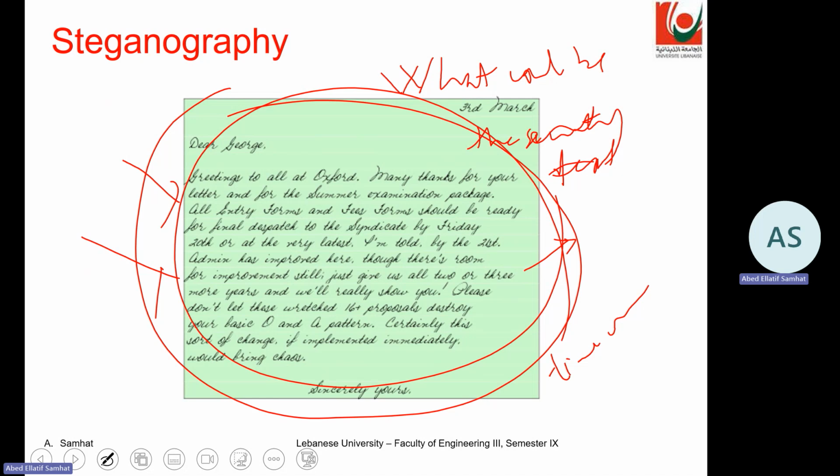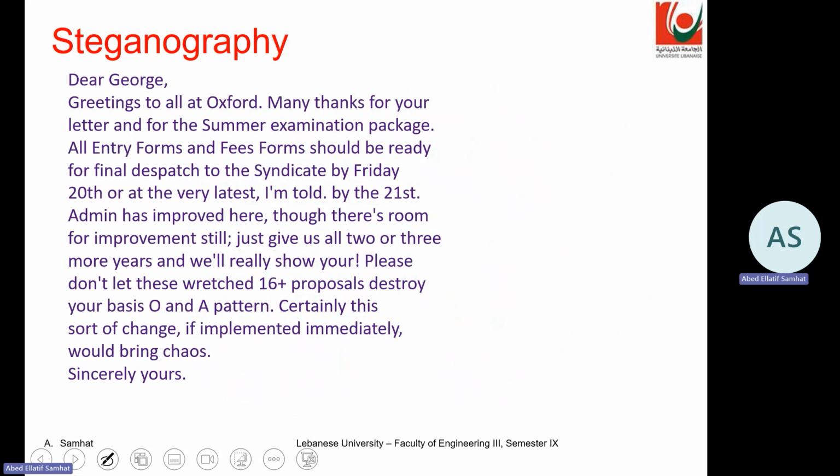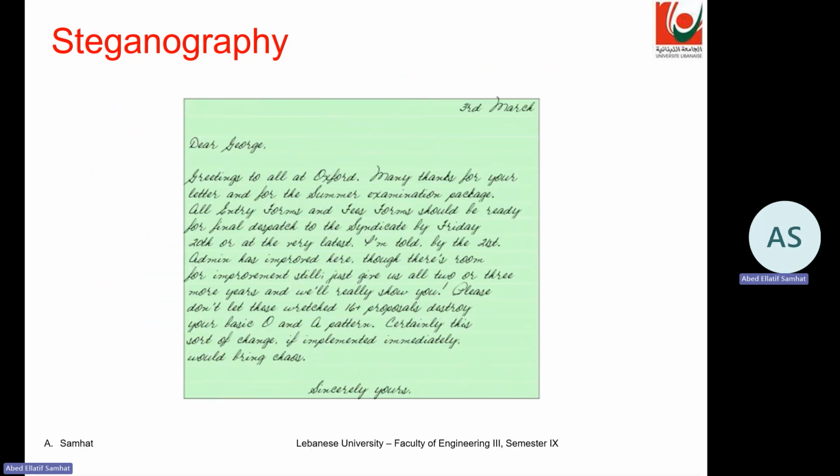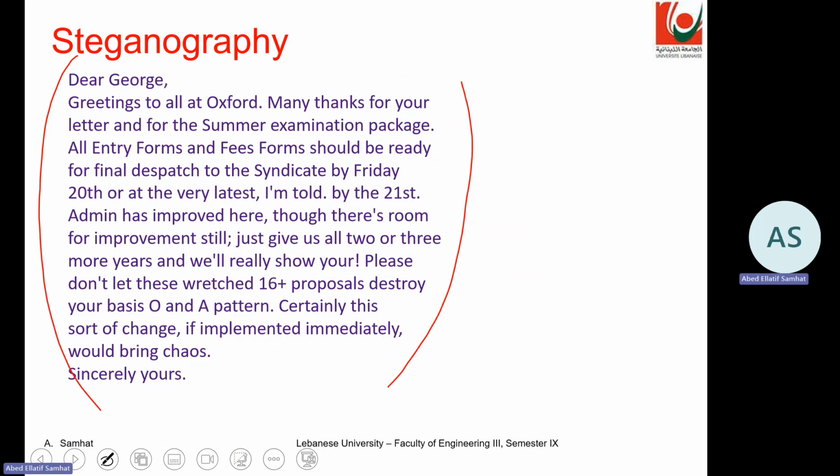I will let you extract the text from this message, the encrypted text. So this is the text, if it's not clear here, you can check on this one, and let me know what the inserted text is.